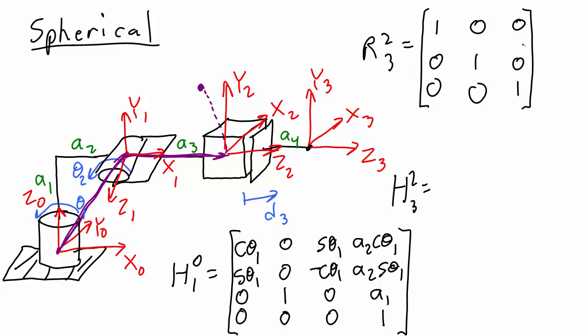This rotation matrix is saying that the new x-axis is in the same direction as the old x-axis, and the new y-axis is in the same direction as the old y-axis, and the new z-axis is in the same direction as the old z-axis. In other words, no rotation.